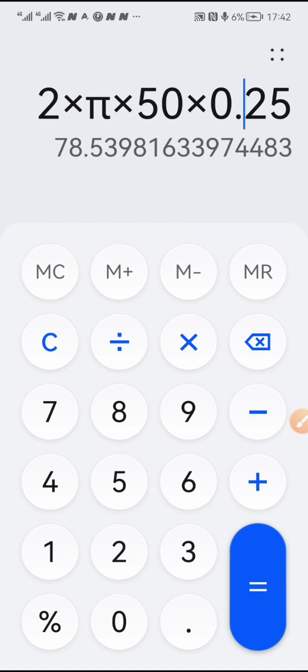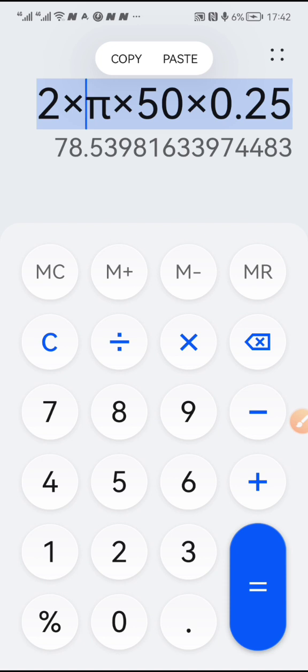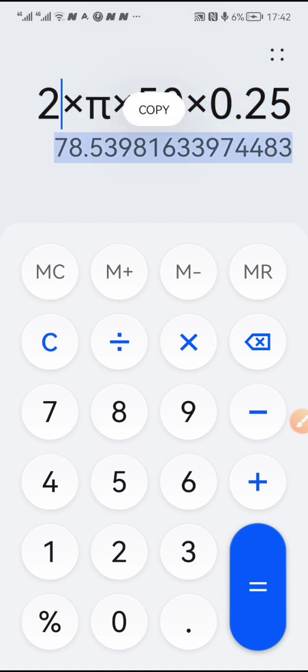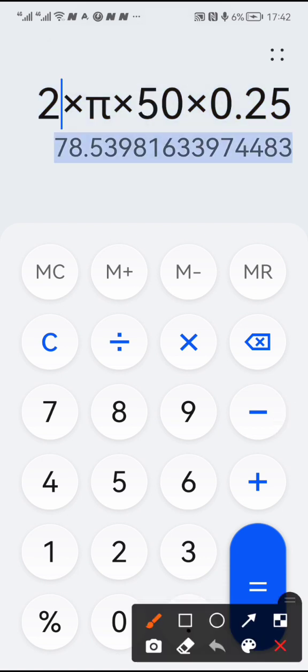So that's 0.25, multiplied by 50 Hz and 2 pi. So 2 pi FL, remember, it's the equation for the inductive reactance. So my reactance there is supposed to be 78.5. Remember that. So 78.5 is going to be my reactance.